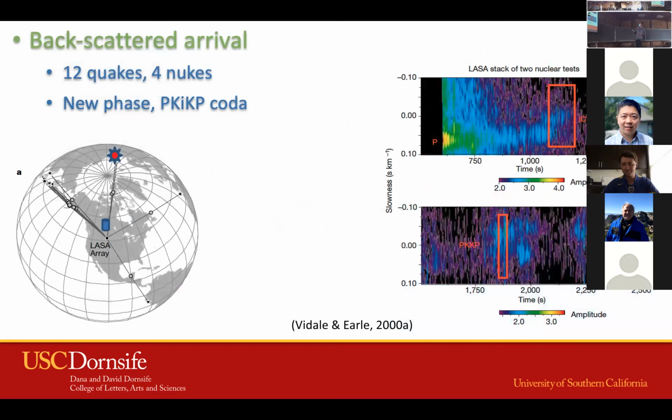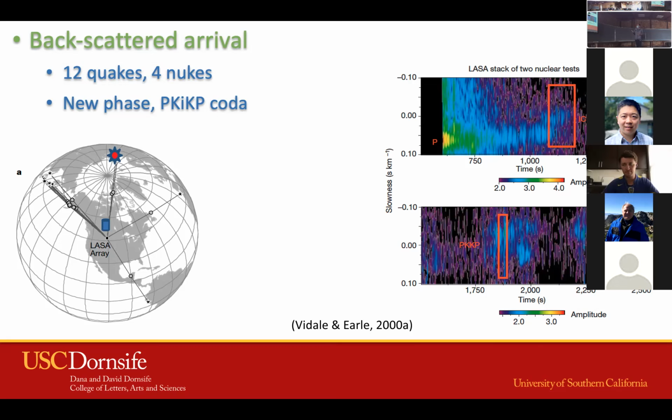The inner core scatter energy was first identified by John Vidale and Paul Earle, another graduate student of Peter Shearer. He used the LASA array, which is a very great dense array. The aperture is 200 kilometers and it is composed of over 300 seismometers.